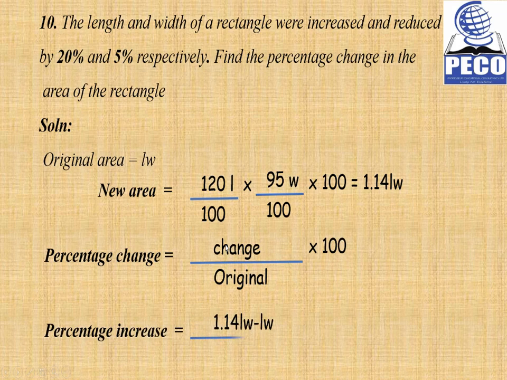So we take 1.14 LW minus the LW, divide by the original, which is LW, times 100. 1.14 minus 1 gives us 0.14 LW. So the LW and the LW will cancel. You have 0.14 times 100, which gives us 14.